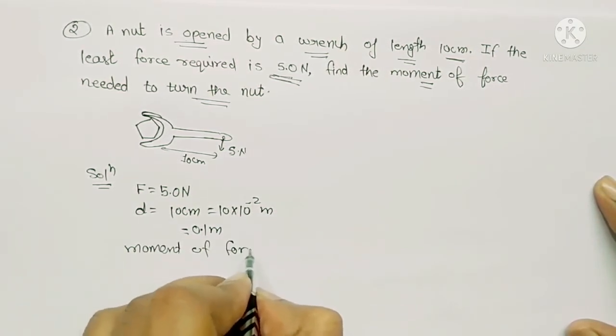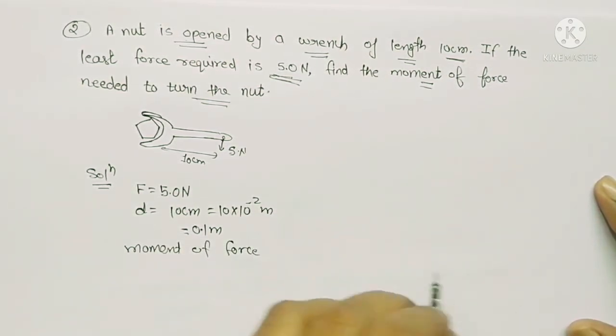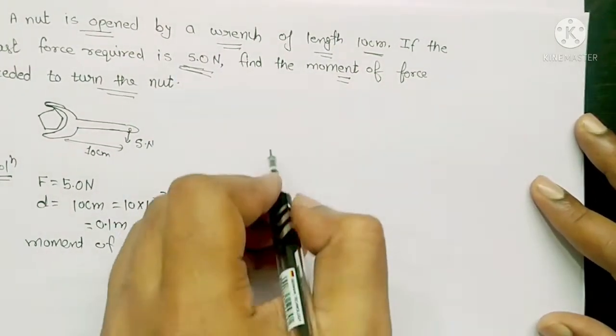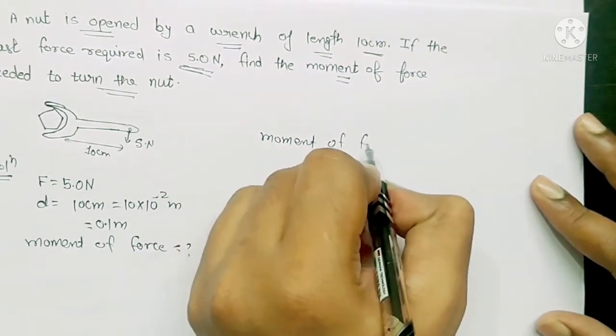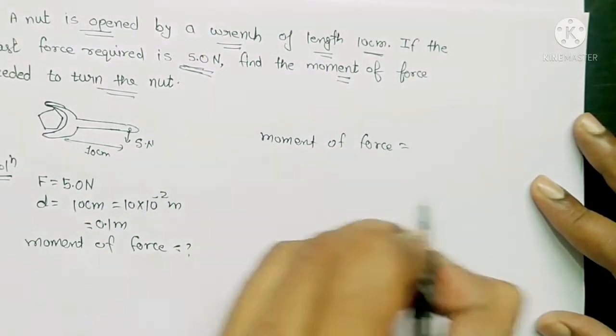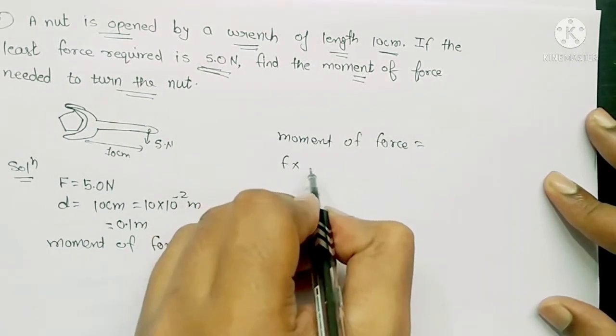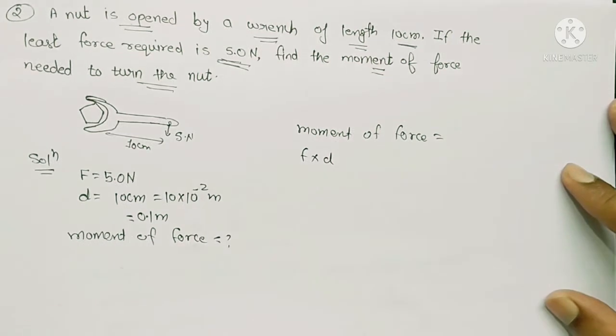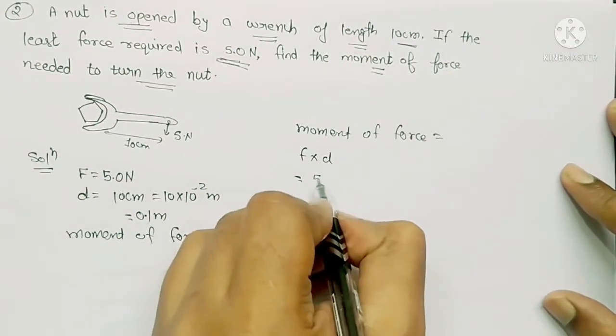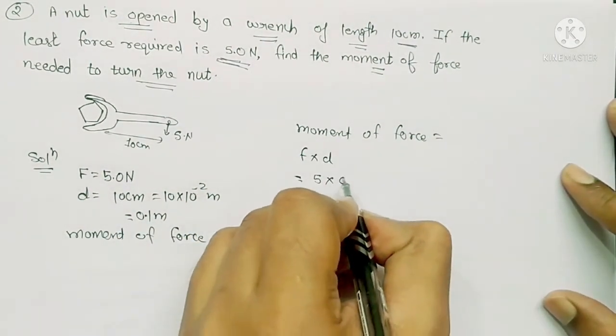Now the formula for moment of force is: moment of force is equal to force into perpendicular distance. So what is force? Force is given as 5 and distance is 0.1.